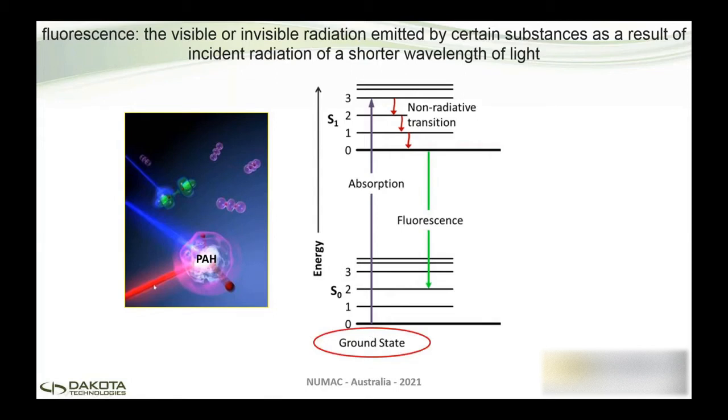But when we come along with photons and shine light on those, they absorb that energy, and now they're in an excited, energetic state. And they desperately want to get back down to the ground state. And one of the ways they do that is they fluoresce, almost like a wet dog shaking off water. They get rid of that energy in order to get back down to the ground state.